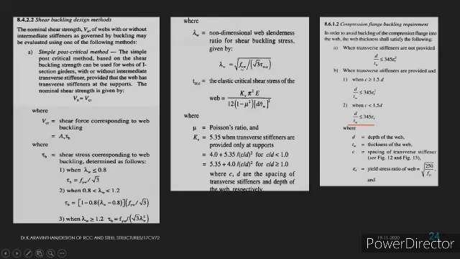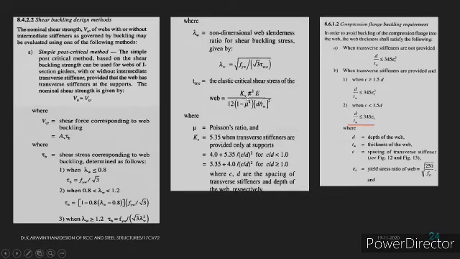Our web yield strength will be 250 divided by root of 3. Now here another shear stress is there. What do you mean by that? This is the elastic critical shear stress of the web. How to find this? A relation is given, that is Kv pi square E divided by 12 into 1 minus mu square, into the bracket of d by thickness of web, the whole square.